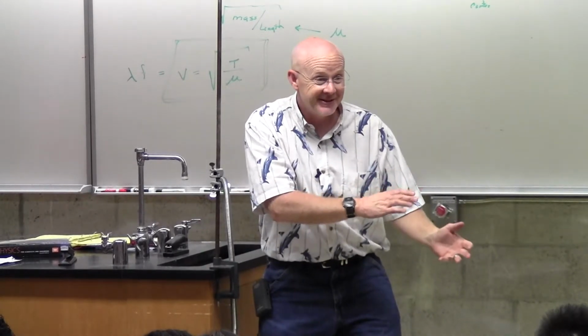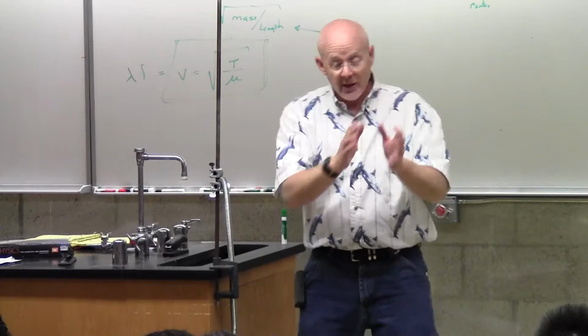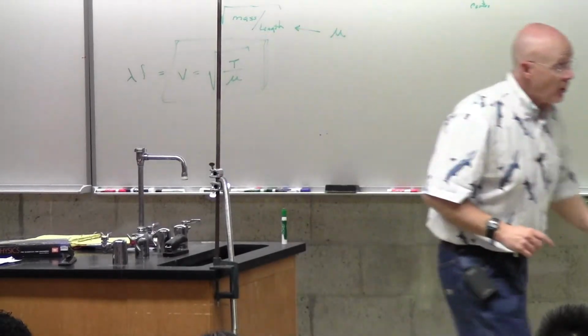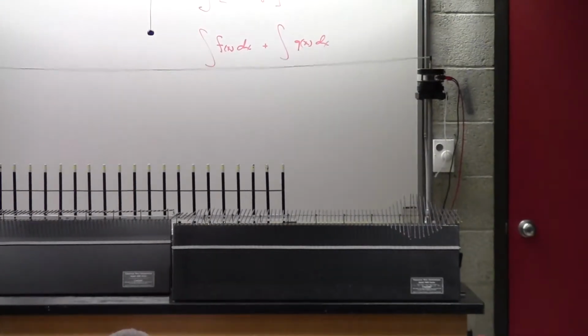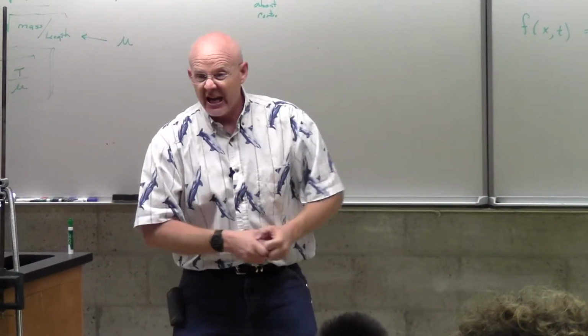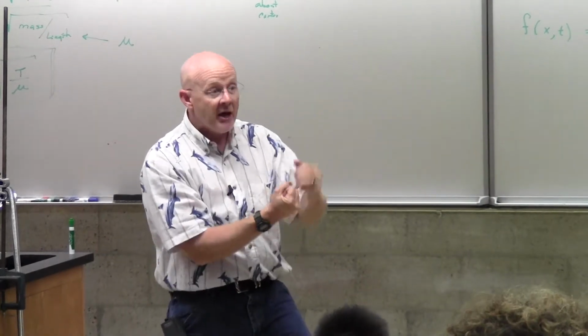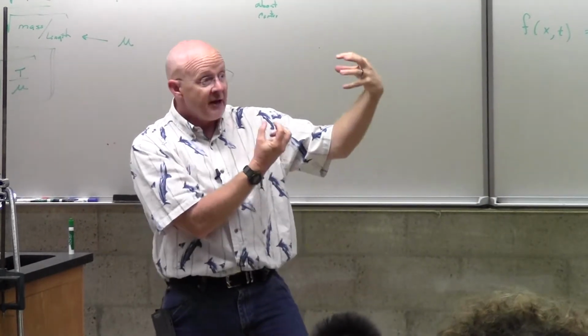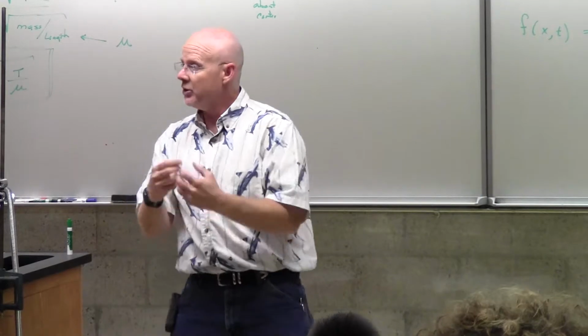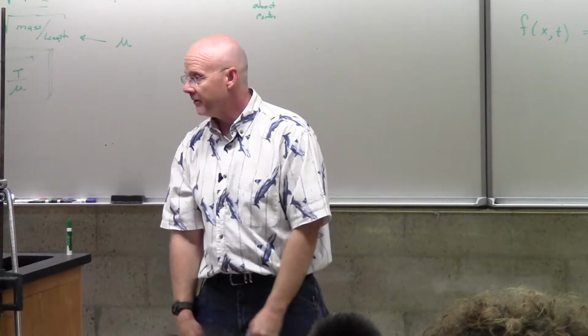A down pulse. Exactly. So when you hit something like this, when your wave comes in and hits something we'll call solid, more dense than what the wave is made out of, it's going to be pulling down, so when you get a reflection, that reflected wave is going to be inverted. Fair enough?